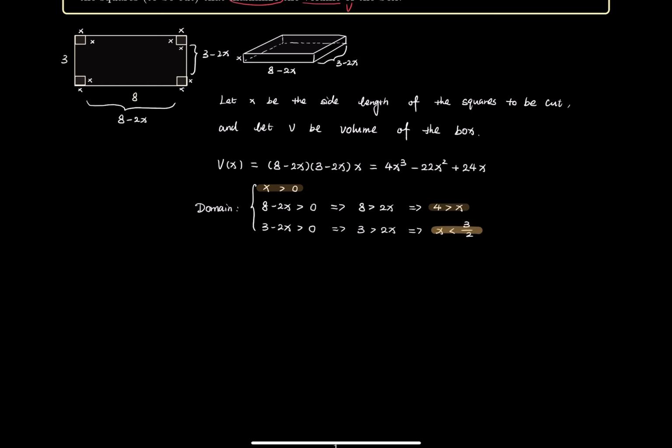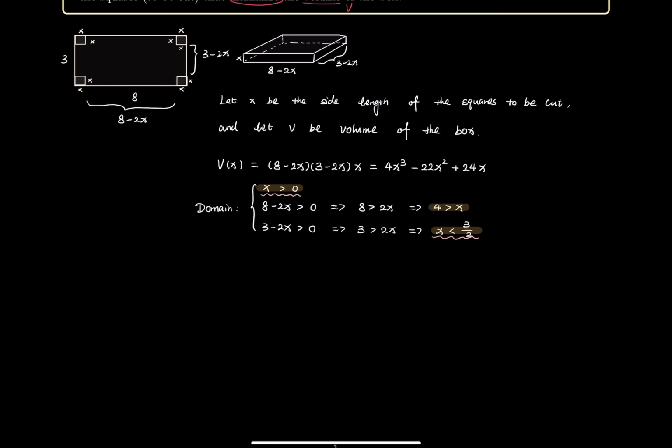Okay, so now I have 3 inequalities, and I need all of them to be satisfied at the same time. So some of you might be able to see that I need to keep this one, and I need to keep this one.